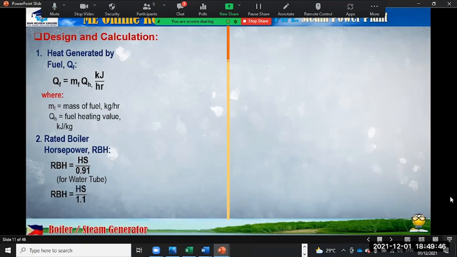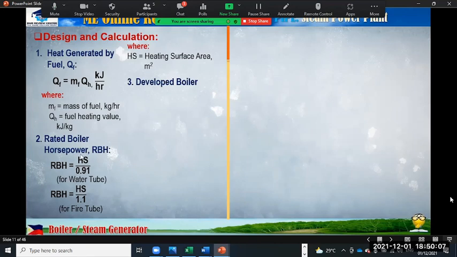Now, if the one that is inside the tubing is hot gas, then the factor that we will be using is equivalent to 1.1. Okay? And most likely, the heating surface area is expressed in terms of meter squared. Heating surface area is in meter squared.